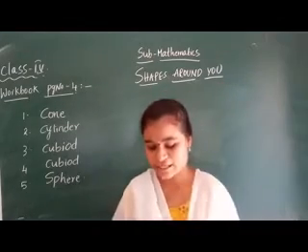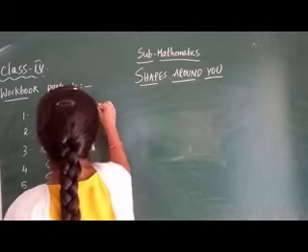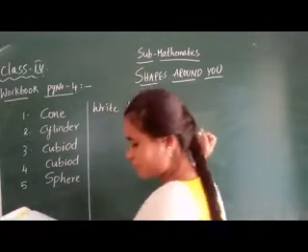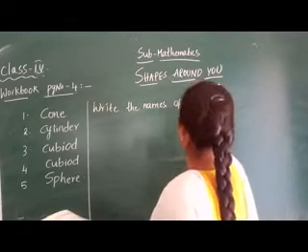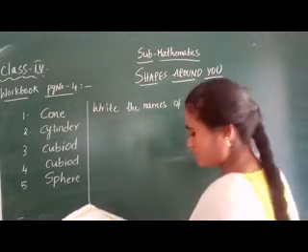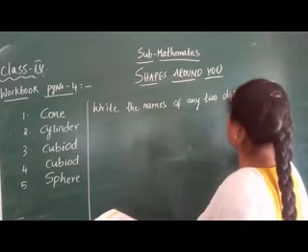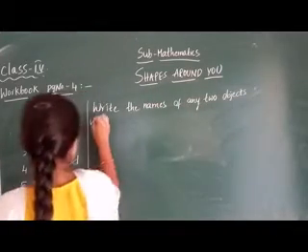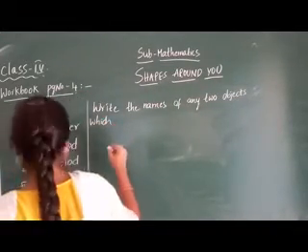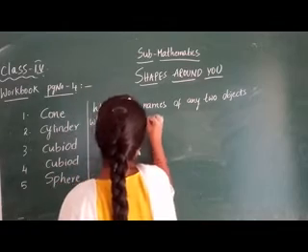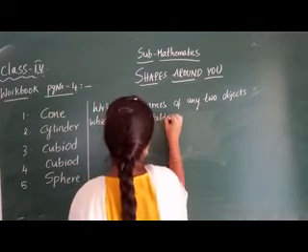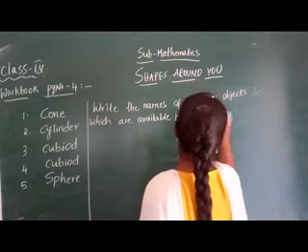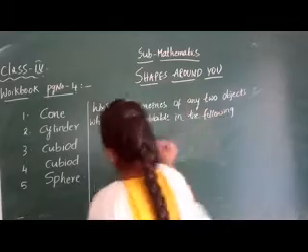Next, write the names of any two objects which are available in the following shapes.